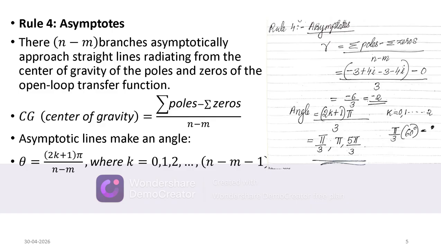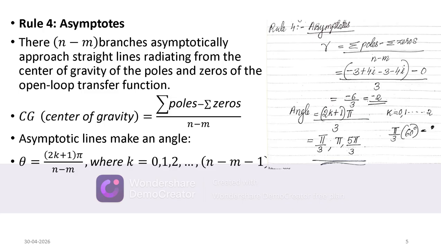Next, moving on to the next rule, asymptotes. Before drawing the original locus diagram, we'll plot the asymptotes. Asymptotes means straight lines. There are n minus m branches that asymptotically approach straight lines radiating from the center of gravity of the poles and zeros of the open loop transfer function.